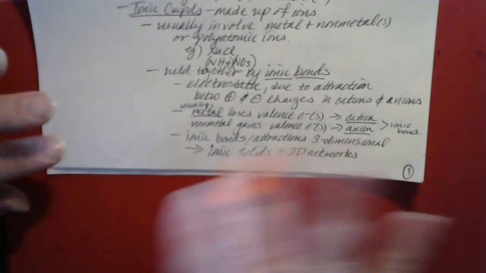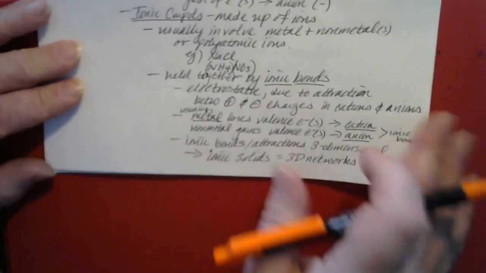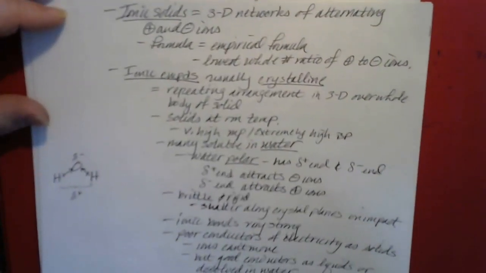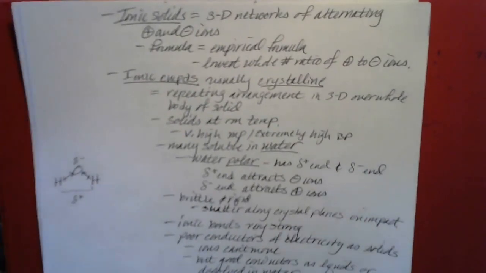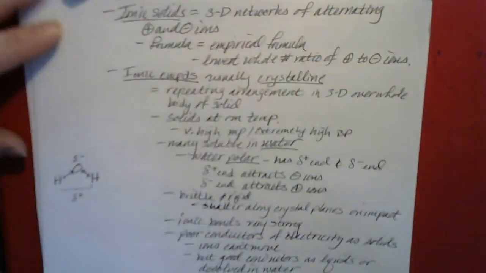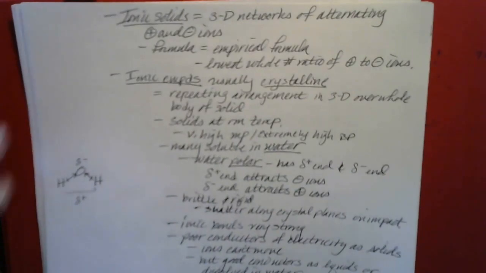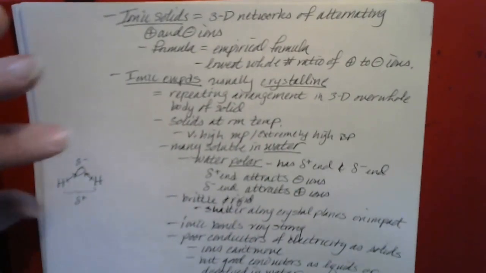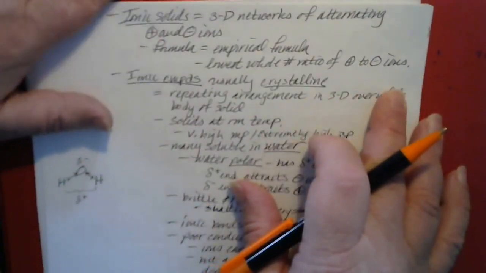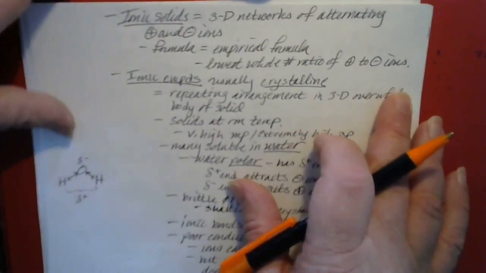And so it's always a 1-to-1 ratio. And that's why we call it sodium chloride, NaCl. There's a good diagram in the book that shows the structure of something like sodium chloride. It's a 3-dimensional network of alternating positive and negative ions. And again, we just call it NaCl because that's the lowest whole number ratio of positive ions to negative ions.